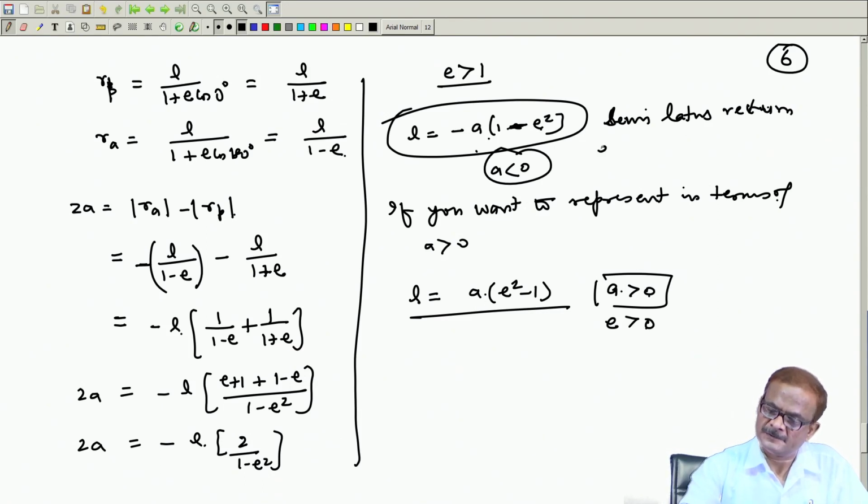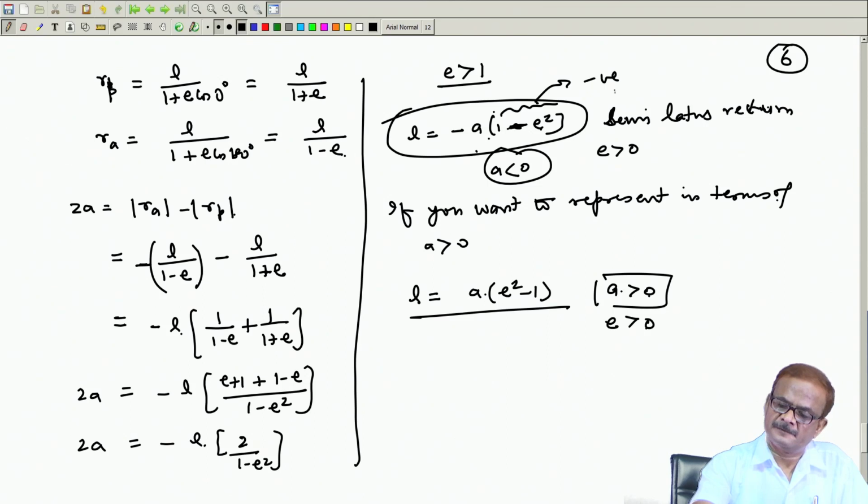Here e is greater than 0, therefore this quantity becomes negative.